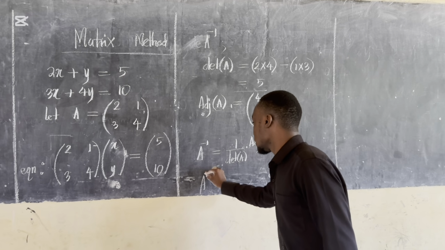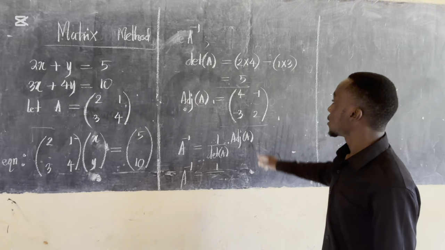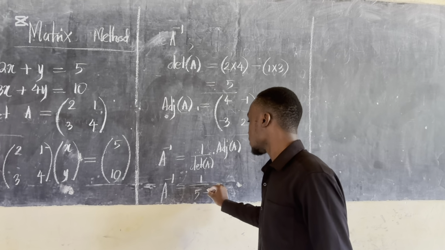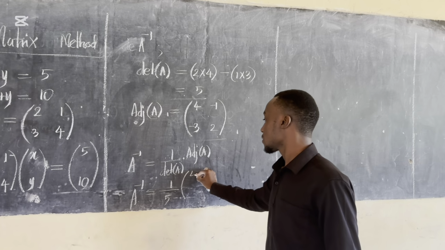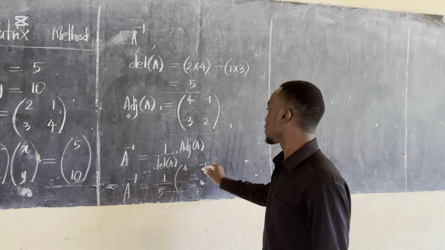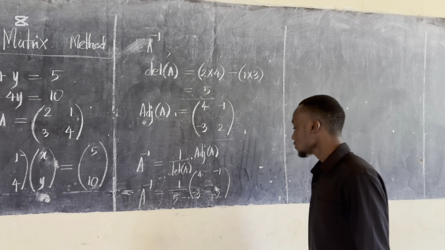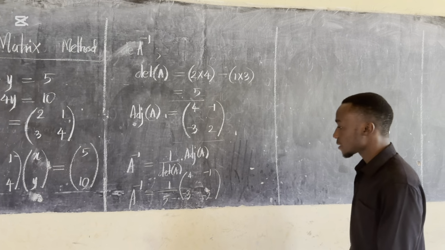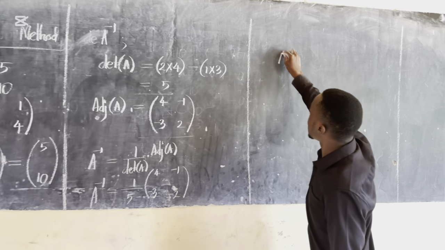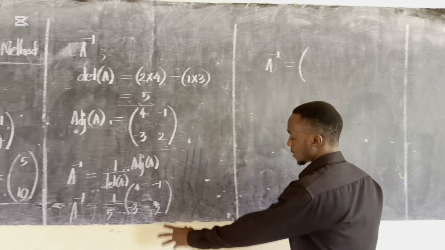Now our A inverse will be equal to 1 over the determinant, which we got as 5, multiplying our adjoint, which is 4, negative 1, negative 3, and 2. This 1 over 5 is looked at as a scalar, which should multiply every entry in this matrix.